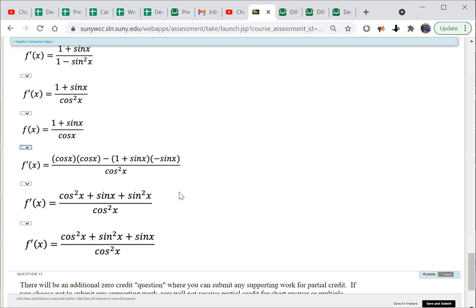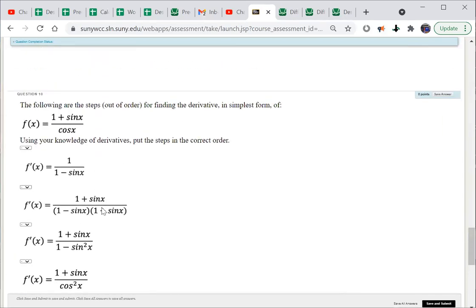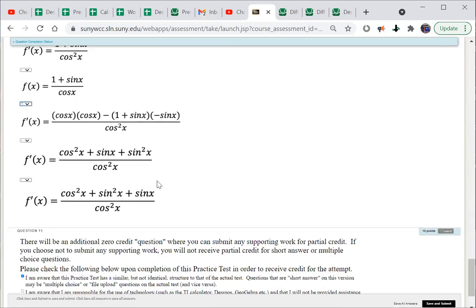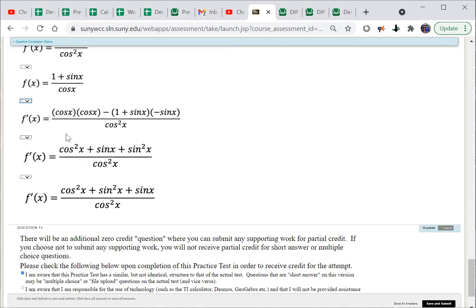All right. Now, the next step in the process, if we're simplifying, we probably aren't going to get down to the cleanest form of the answer yet. So it's probably going to be pretty messy. So I'm looking at one of these. Cosine times cosine is cosine squared. Okay, so it's probably one of these. If I distribute this, negative sine times a negative would be a positive sine.